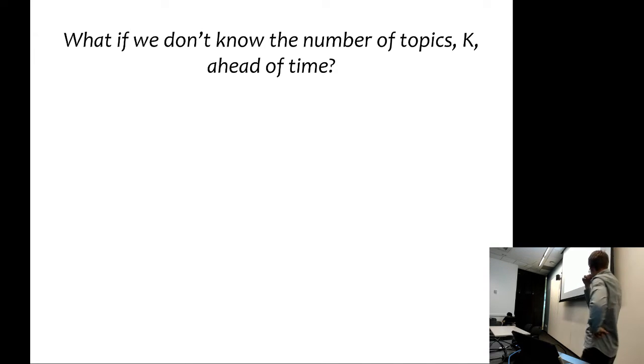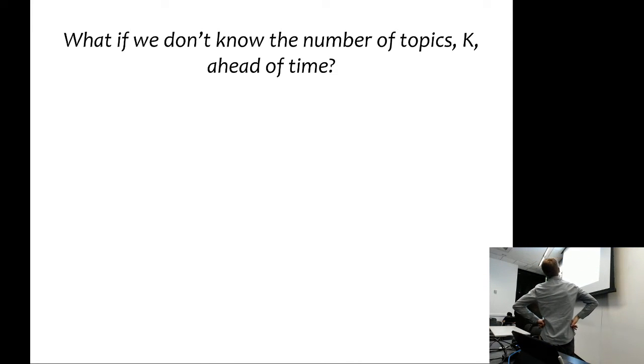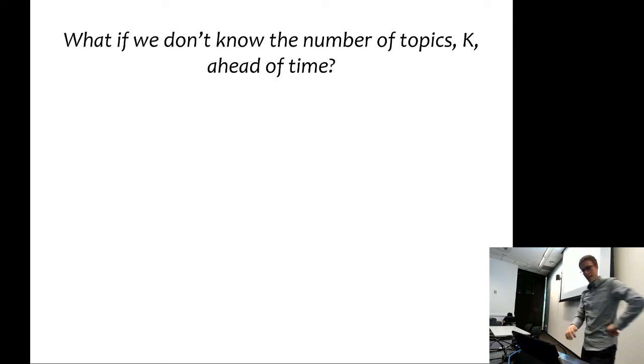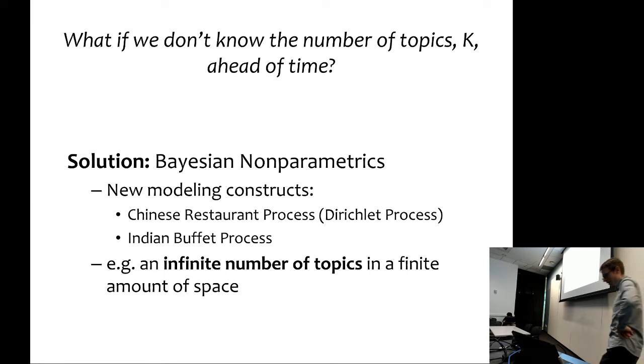Okay, so a good question to ask yourself is, this all sounds great, but what if we don't actually know the number of topics ahead of time? And so there are actually good solutions here, and one of them is Bayesian nonparametrics. And the idea is that we can replace something like a Dirichlet prior over a finite number of k topics with what's called a Dirichlet process, which would give us a distribution over infinitely many topics.